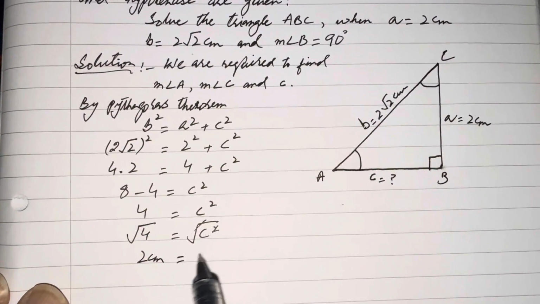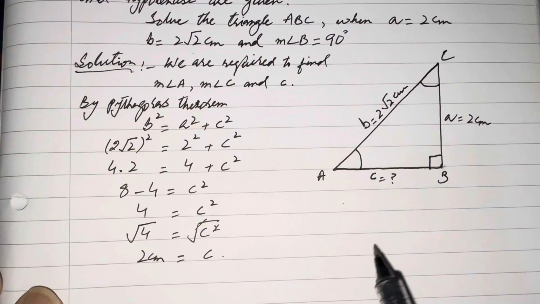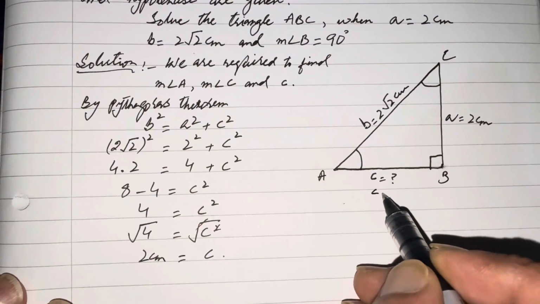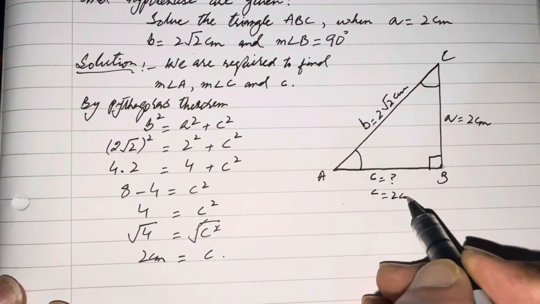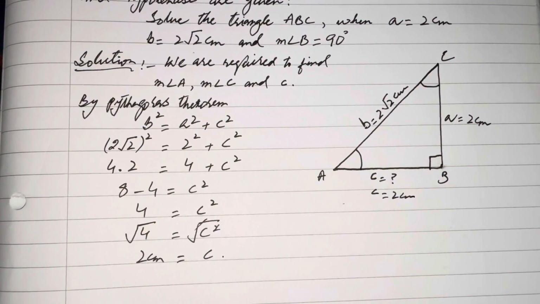So 2 centimeter is the length of the third side c. So we can say that small c is equal to 2 centimeter. So that's how we can find the length of the third side with the help of Pythagoras theorem.